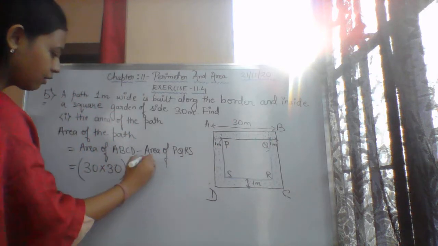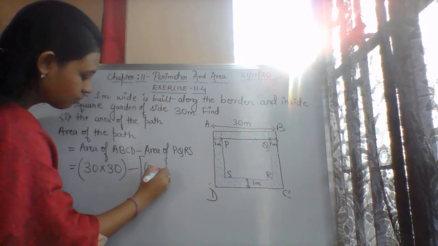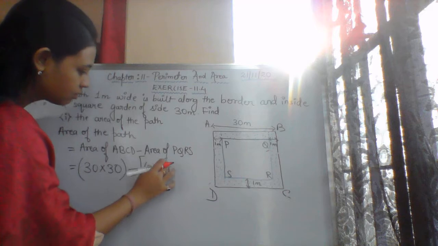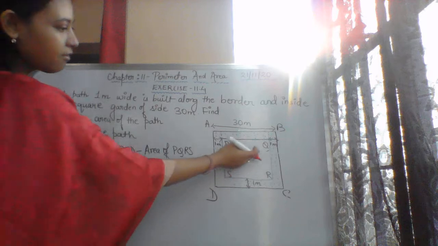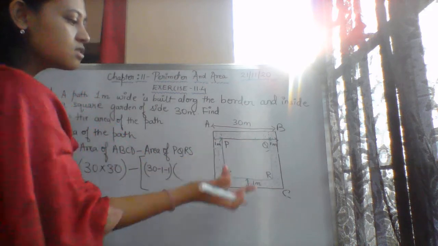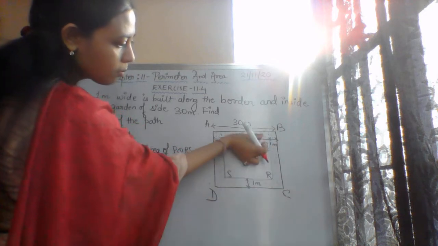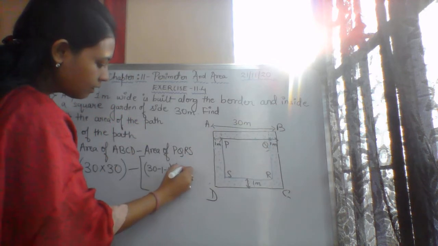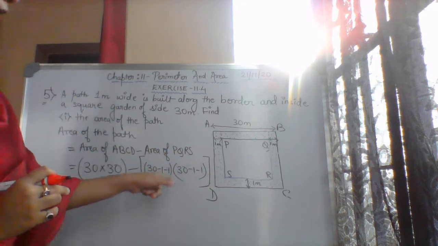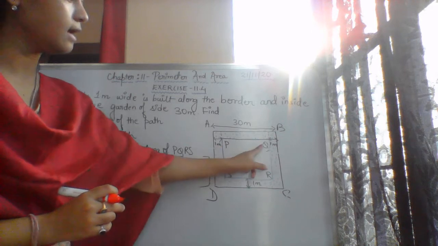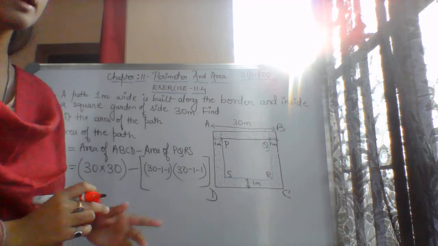I will get the same side for QR also, since it is also a square. So 30 minus 1 minus 1. The area is side into side, so 30 minus 1 minus 1 into 30 minus 1 minus 1.